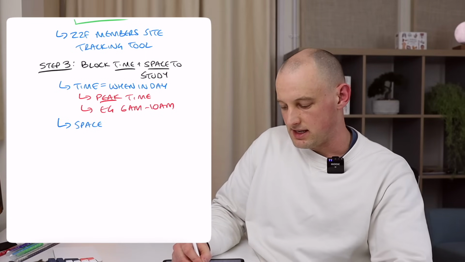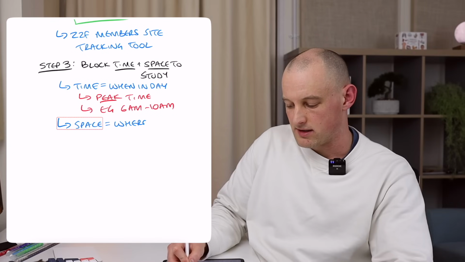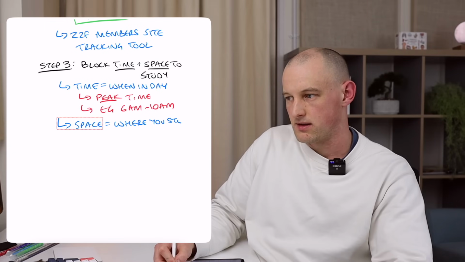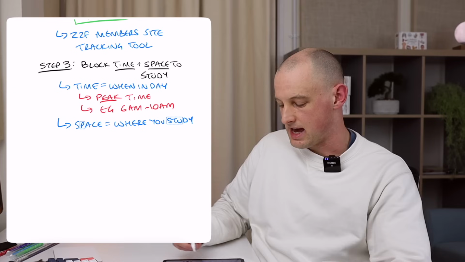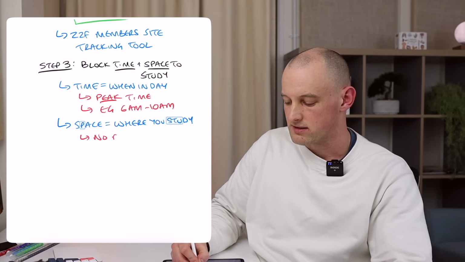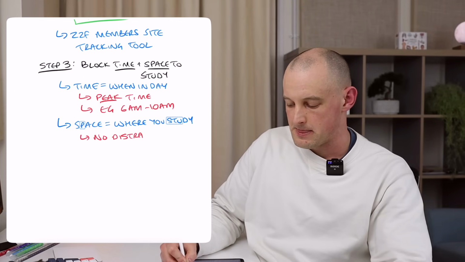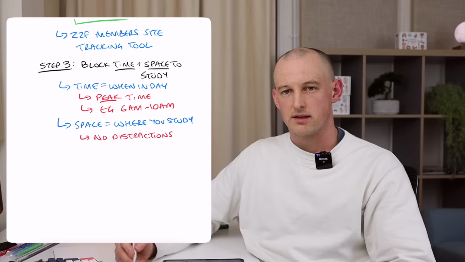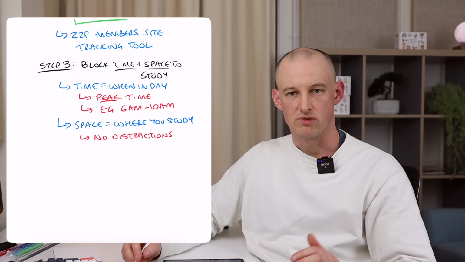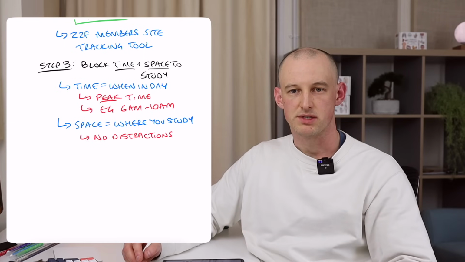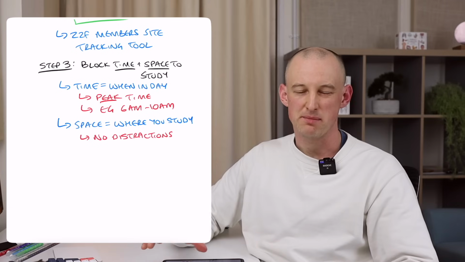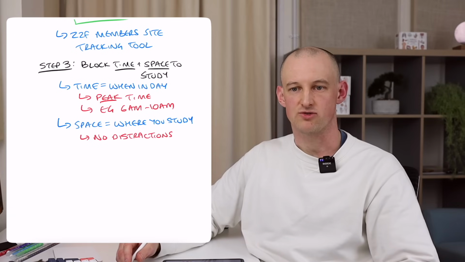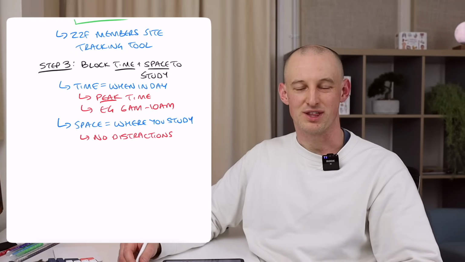Space equals where you study. So you want somewhere that has no distractions. I like to work in libraries, coffee shops, quiet places where there's other people around, but they're not going to disturb you. They're strangers. They're not going to come and have a chat with you.